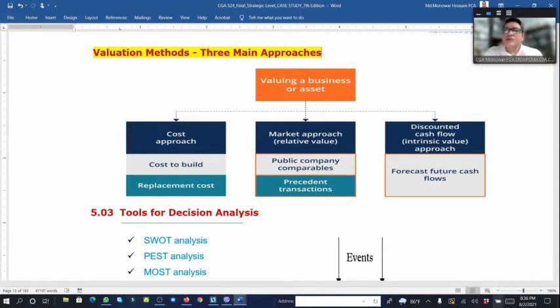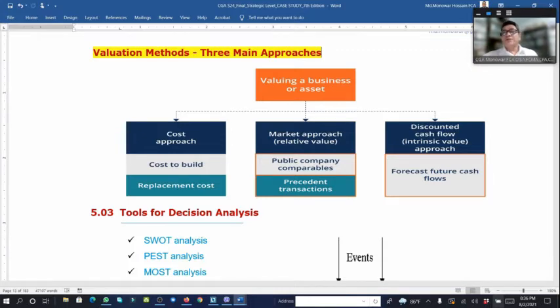But if it is not listed, there are different types of items we have in our valuation. IFRS 13 was implemented for the valuation of such items. So public company comparables and precedent transactions are market approach valuation methods we can use.